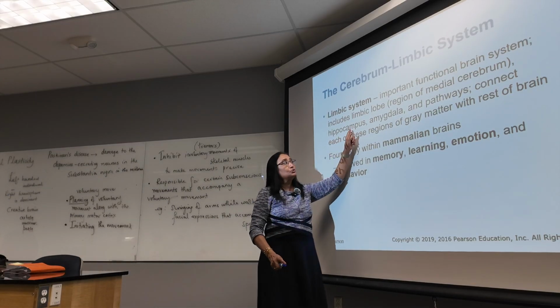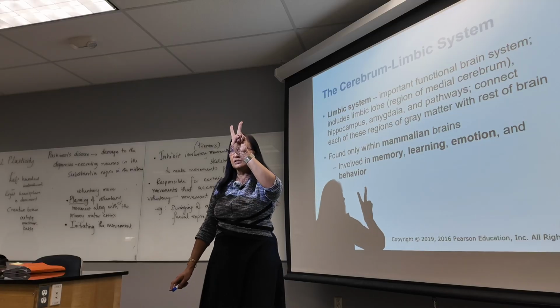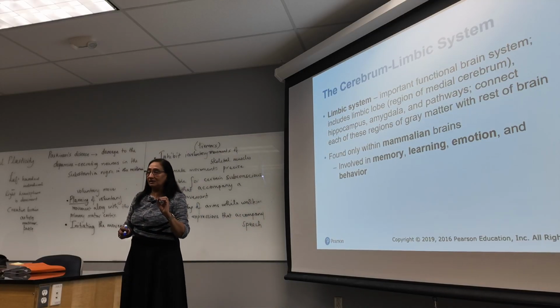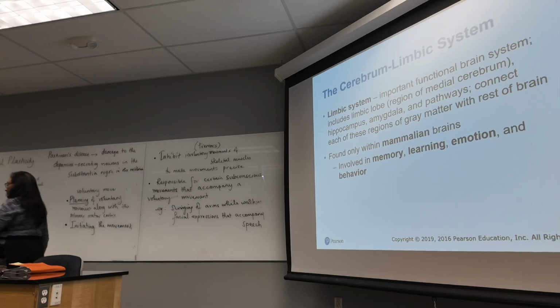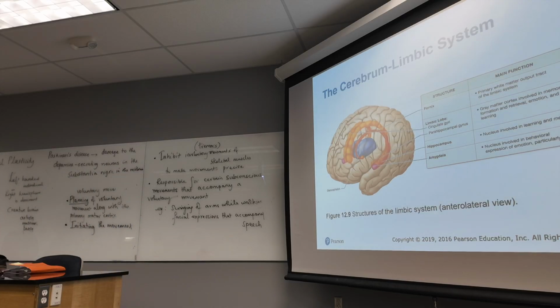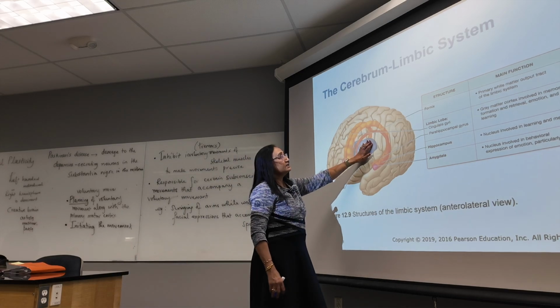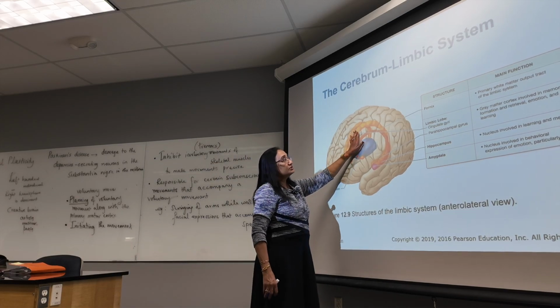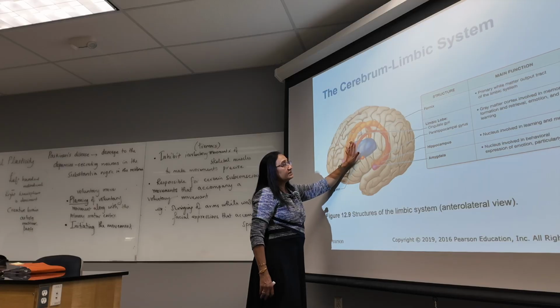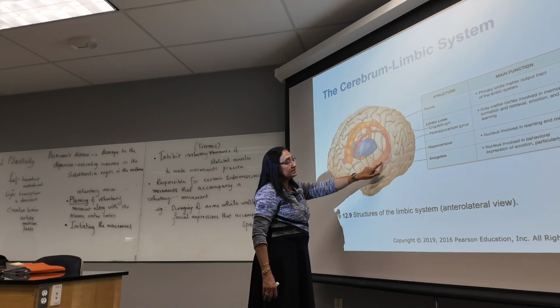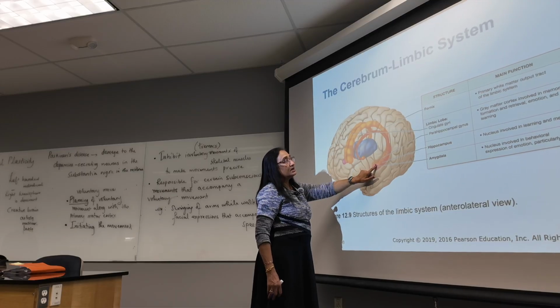These two regions of the limbic system, remember: hippocampus and amygdala. I'll show you where they are. So this is your thalamus, the diencephalon. These neurons which are kind of scattered all over, right here is the hippocampus and the amygdala.